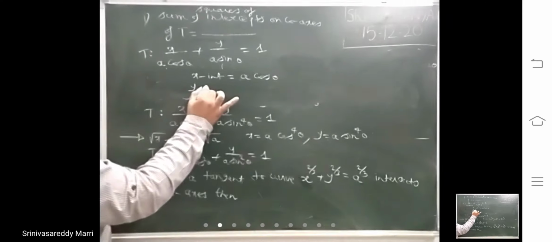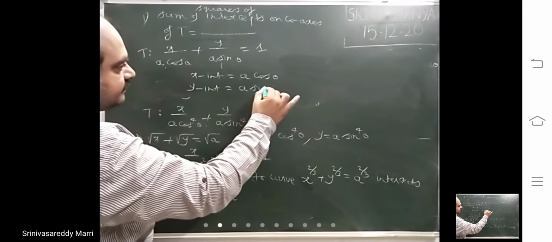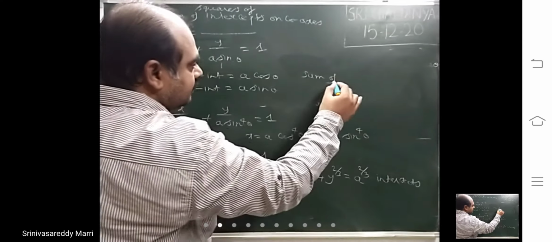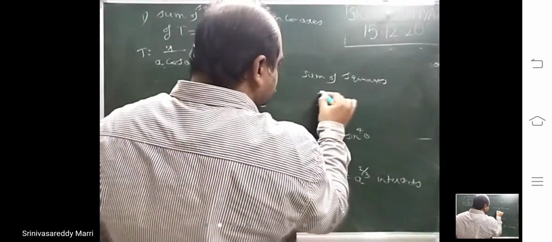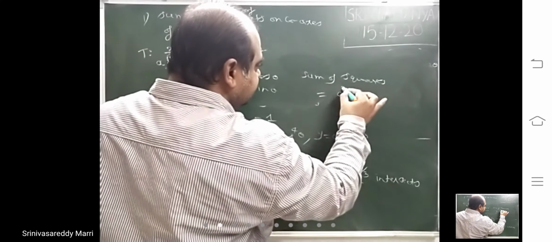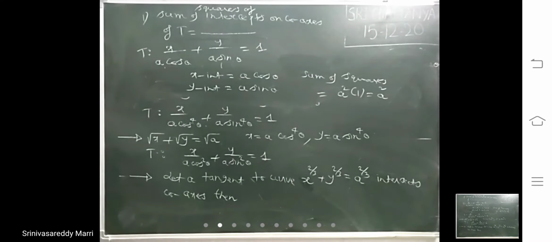A cos theta. What is y intercept? Sum of squares is nothing but this square plus this square. That means a square into 1. What is the answer? A square is the answer.